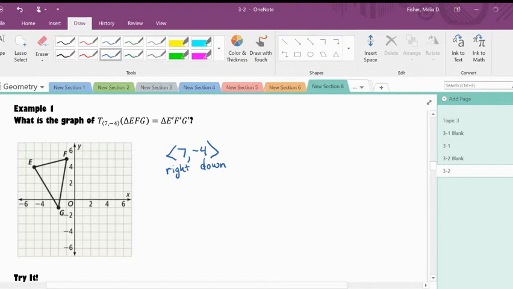So starting at F, I'm going to move it right 7 and down 4. And that's where my new F prime will be. E is going to move right 7 and down 4.